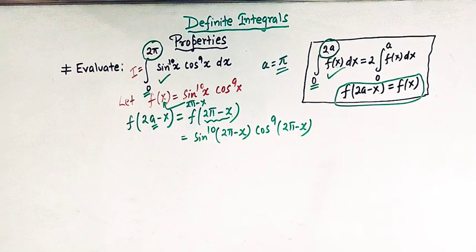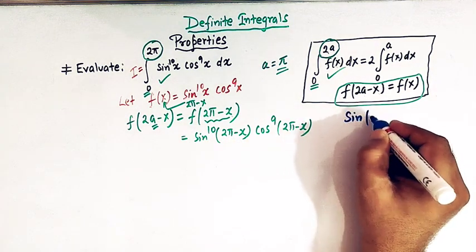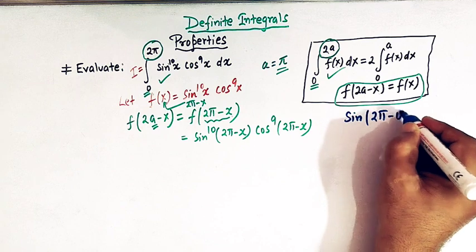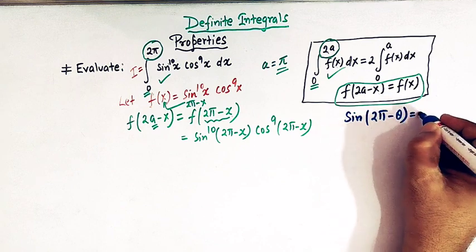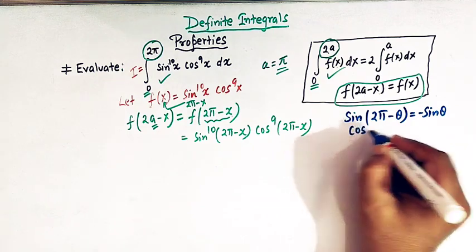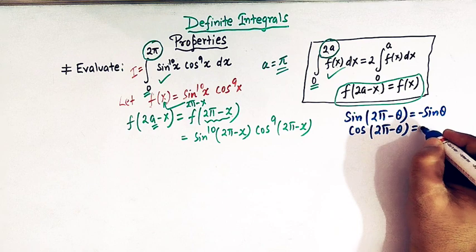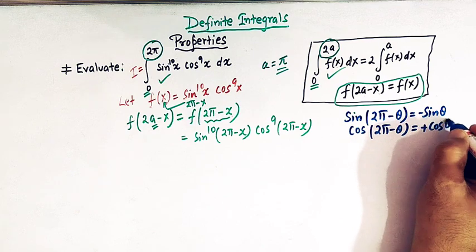Now here comes an important application of trigonometry. From trigonometry we know that sine of 2 pi minus theta is equal to minus sine theta, and cos of 2 pi minus theta is equal to positive cos theta.